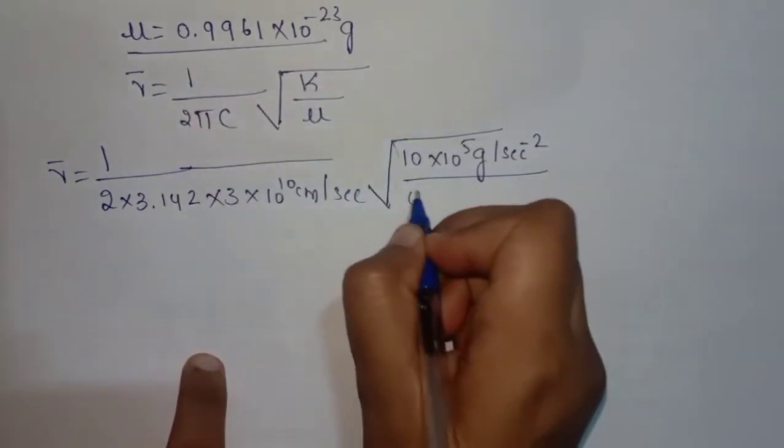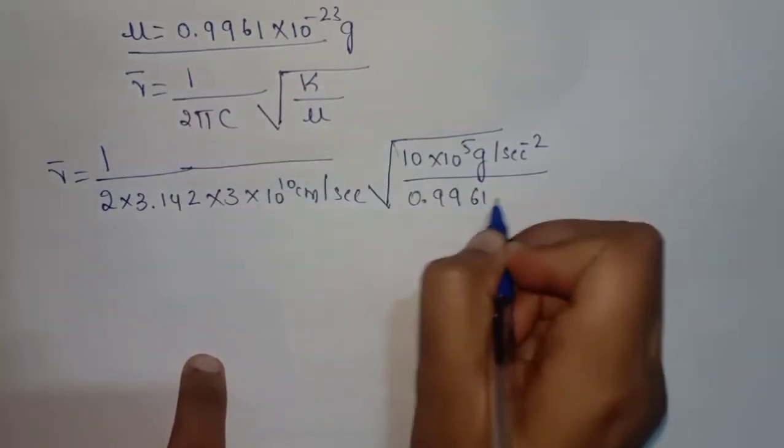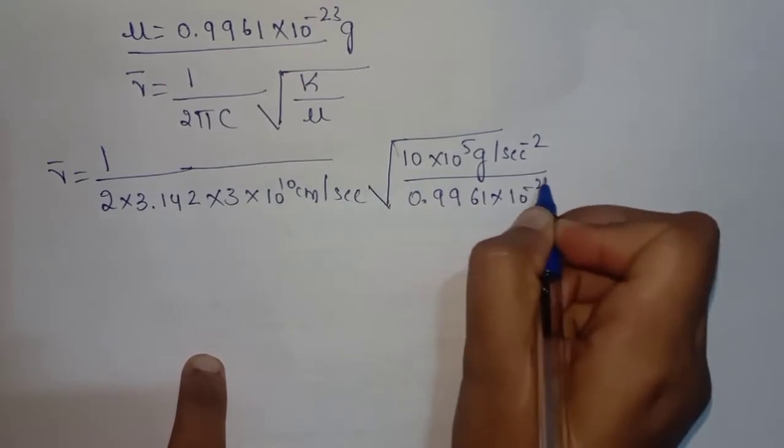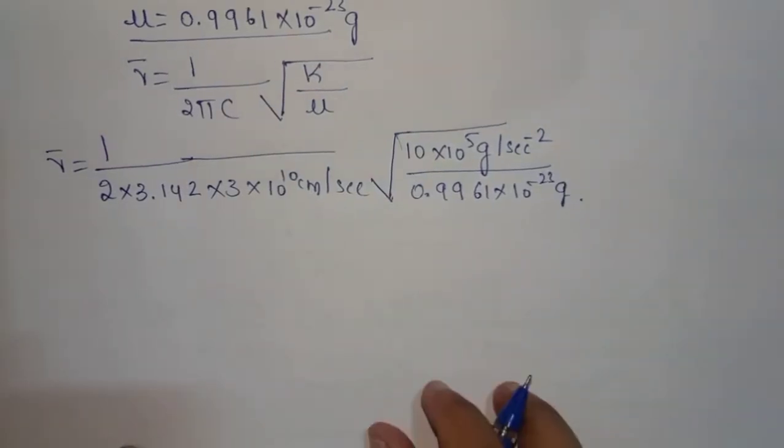We have got the value, that is 0.9961 into 10 raised to minus 23 grams.